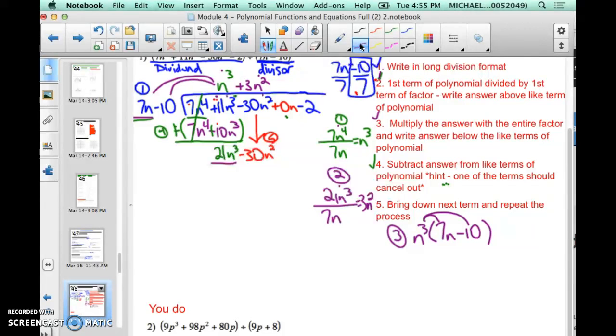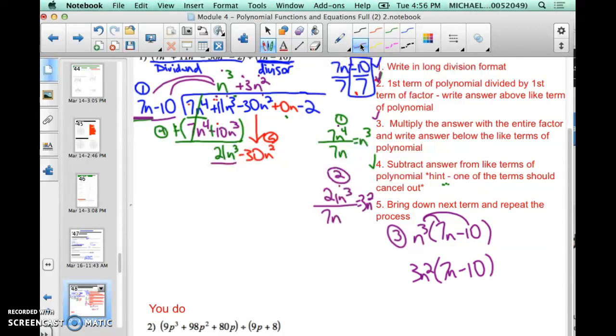All right? Now, that is done with step 2. Step 3, I'm going to multiply them back in. Multiply now my new term of 3n squared with each term of the factor. So my new step 3 is 3n squared times 7n minus 10.